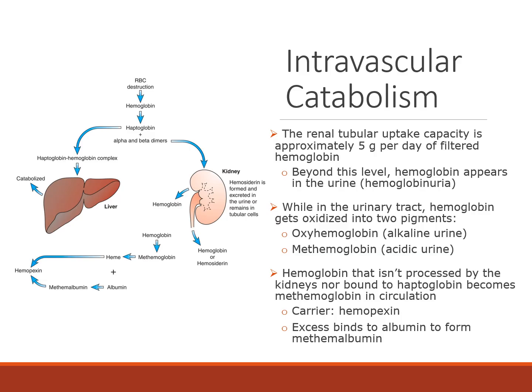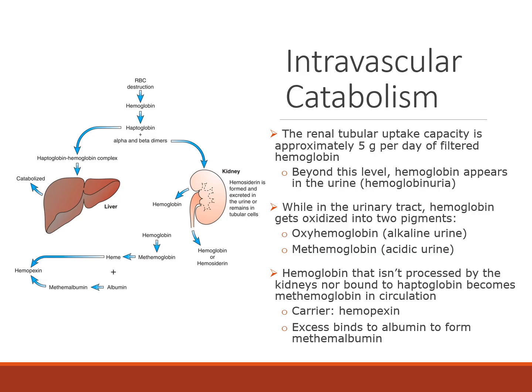The renal tubular uptake capacity is approximately 5 grams per day of filtered hemoglobin. But beyond this level, hemoglobin appears in the urine, and we call that hemoglobinuria. Not always. Sometimes hemoglobinuria is sometimes just picked up chemically on our dipstick, but sometimes you can see it.